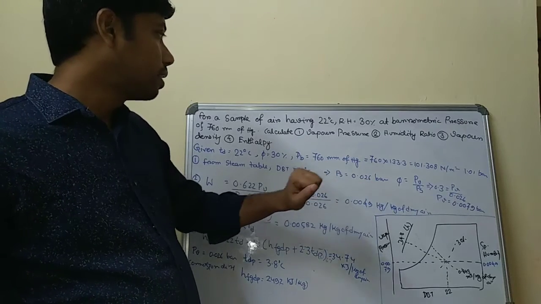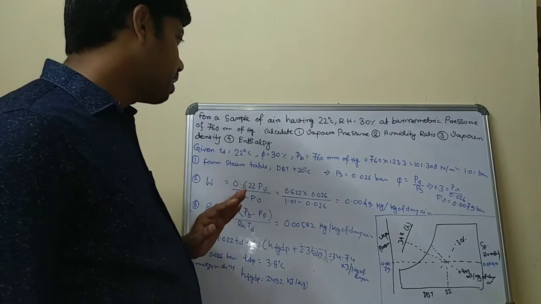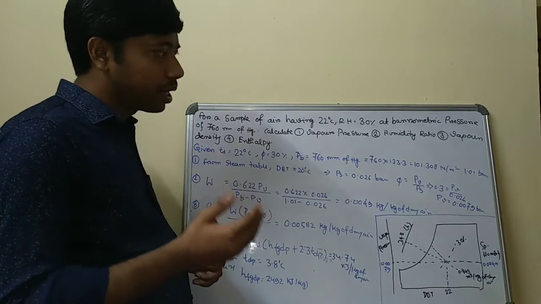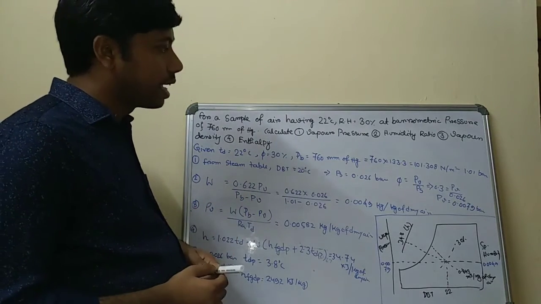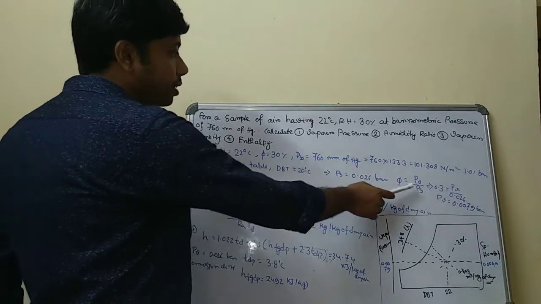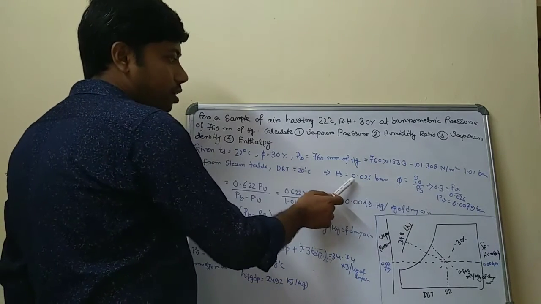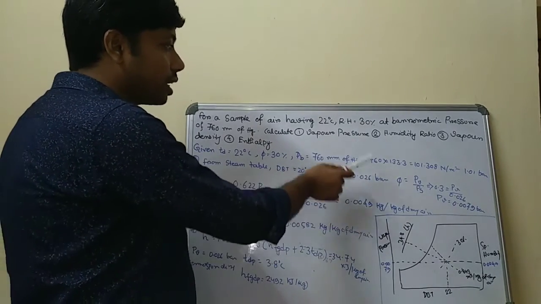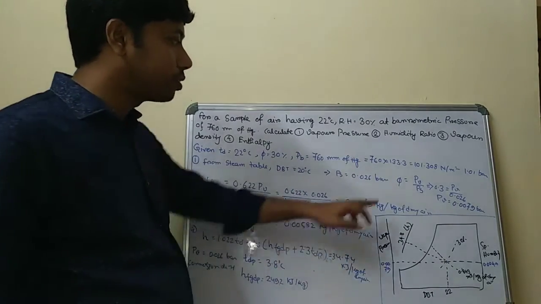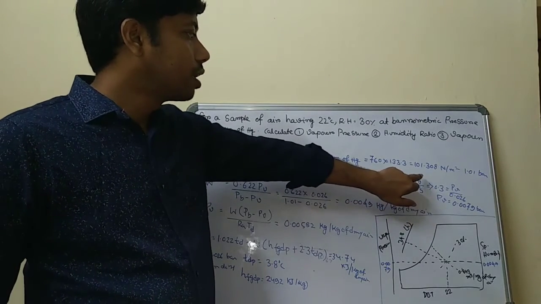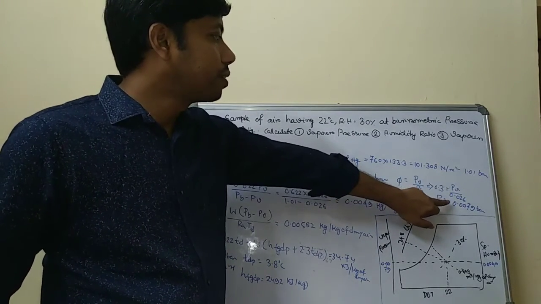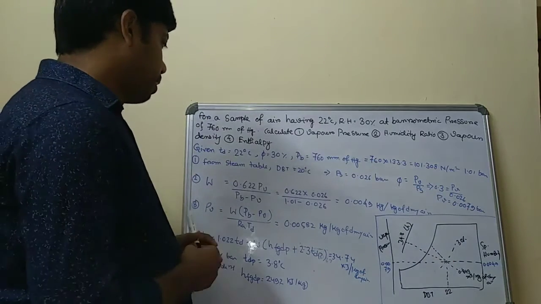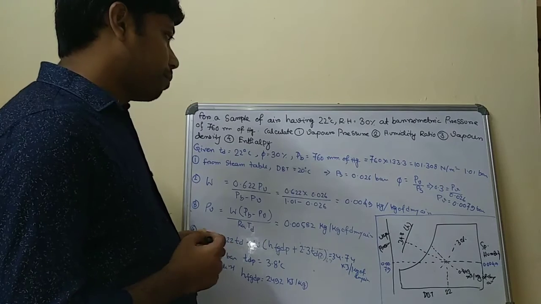As you know, phi, the relative humidity, is the ratio PV by PS, where PV is vapor pressure. The saturation pressure is already known, and phi is given as 0.3. So put this value 0.3 here, and you can calculate PV, which will be 0.0079 bar. So this is your vapor pressure.